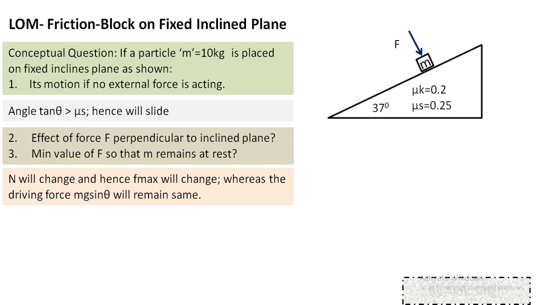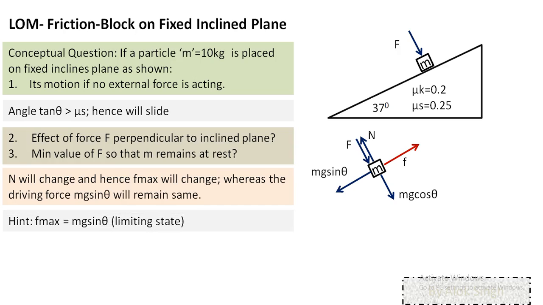First of all, the normal reaction will change, and as the normal reaction changes, the maximum frictional resistance, F max, will also change, whereas the driving force mg sin theta will remain the same. If you look at the free body diagram, it would look like this: mg cos theta, mg sin theta, normal reaction, F acting in the downward direction, and friction acting in the upward direction.